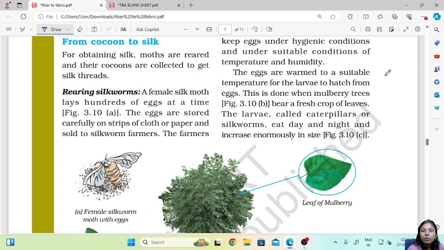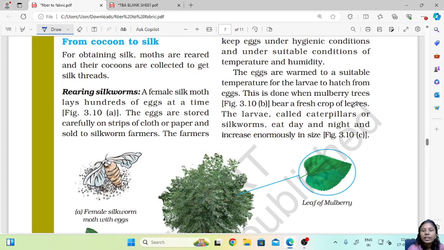The eggs are warmed to a suitable temperature for the larvae to hatch. So they are kept at a very warm temperature so that they can hatch into the larvae or the caterpillar. Now this is done when the mulberry trees bear a fresh crop of leaves.